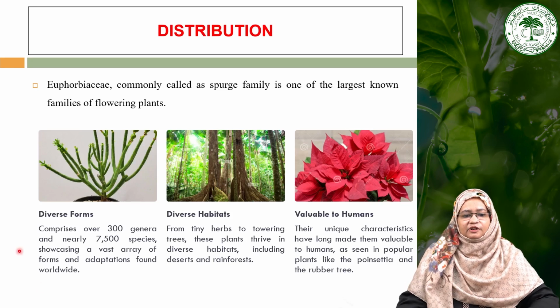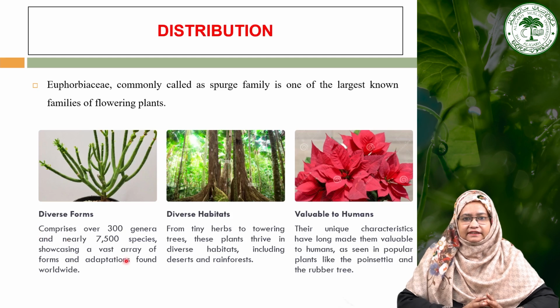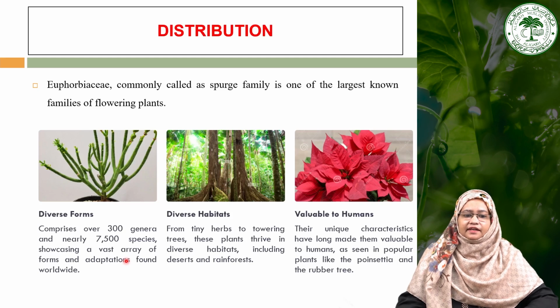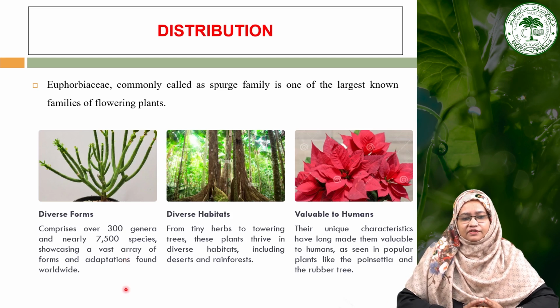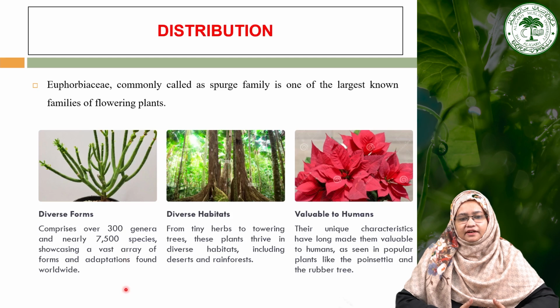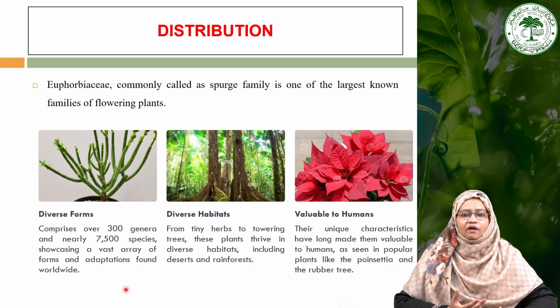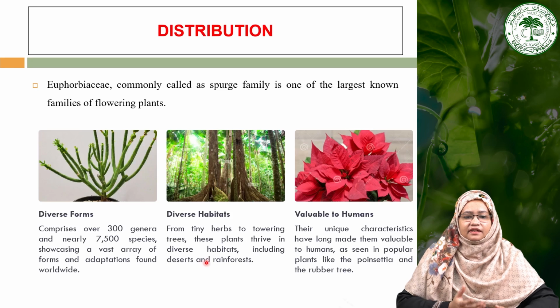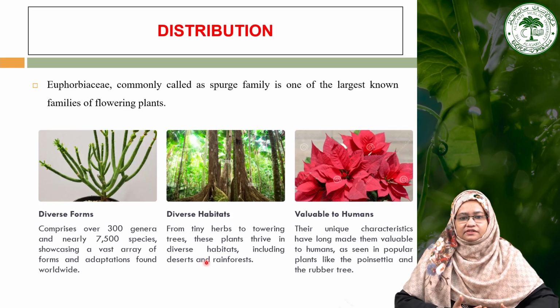It comprises over 300 genera and more than 7,500 species all over the world, and they have a very adaptive nature in all climatic conditions. That's why they are present all over the world. They also have diverse habits, from herbs to trees.